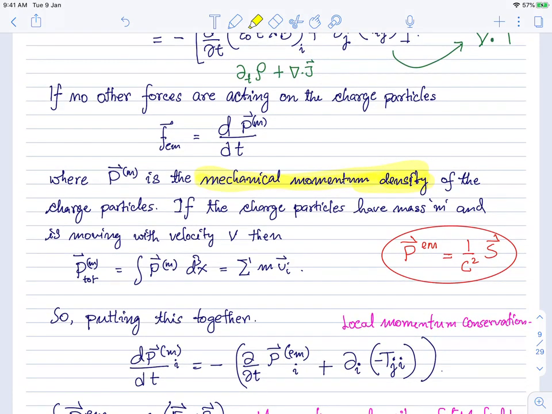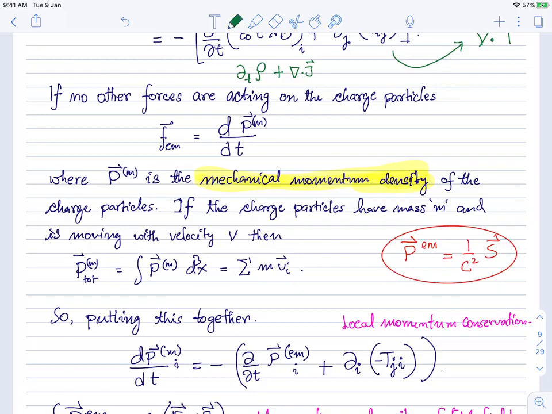Now you can always find the total mechanical momentum. This m here stands for mechanical. The total mechanical momentum is nothing but taking the mechanical momentum density and integrating it over a given volume. If there are I particles, let's say moving with velocity v, then this will be the mass of the particles times the velocity.